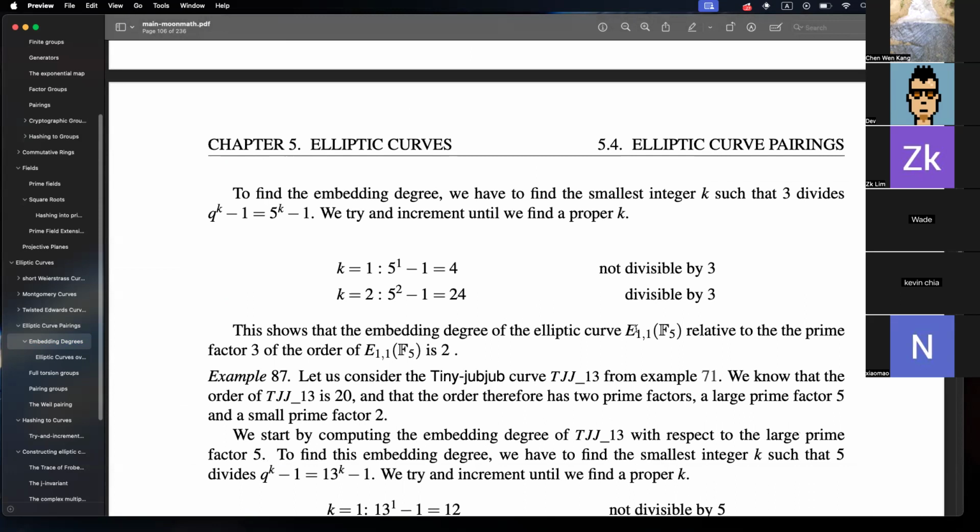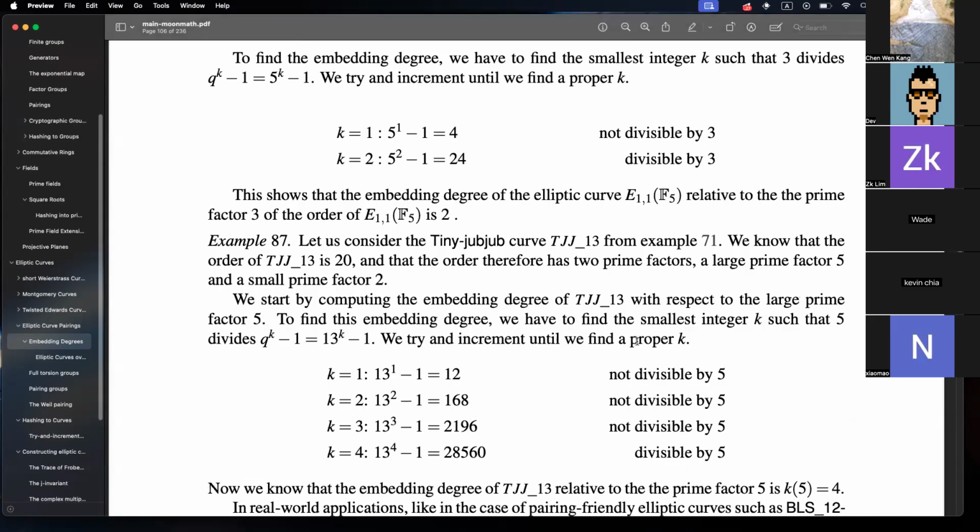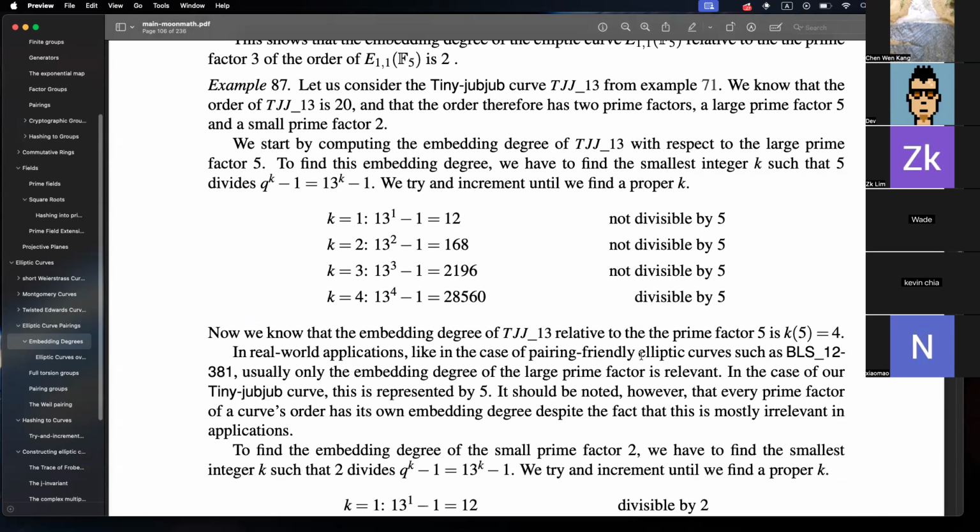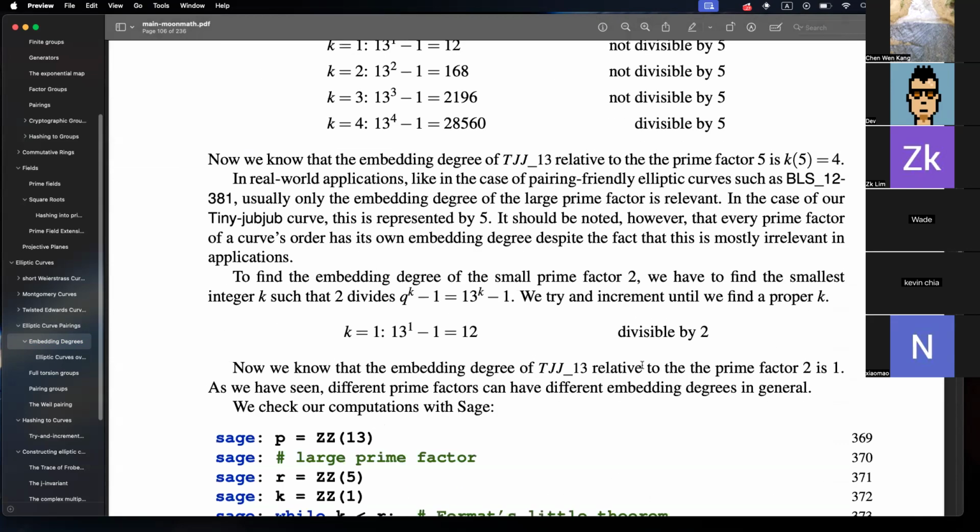I don't think it's specifically choosing an embedding degree of like the magic number 12, but I might very much be wrong. I think it's choosing a small embedding degree in this case.